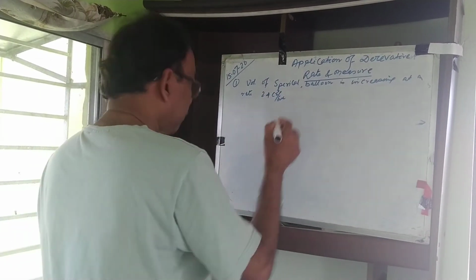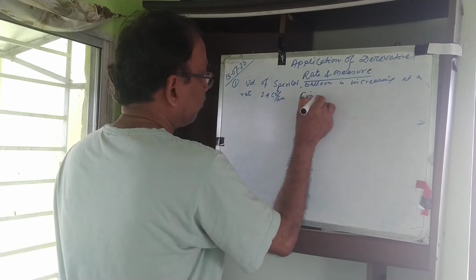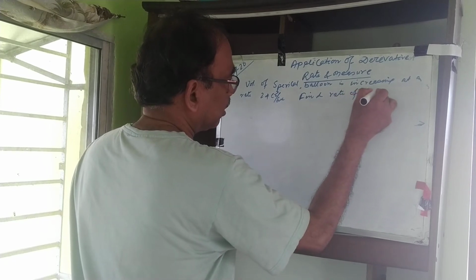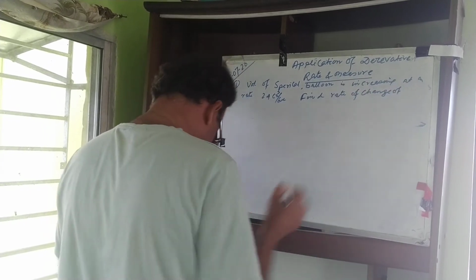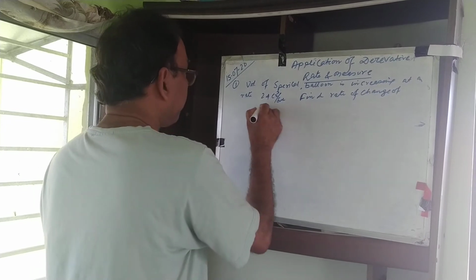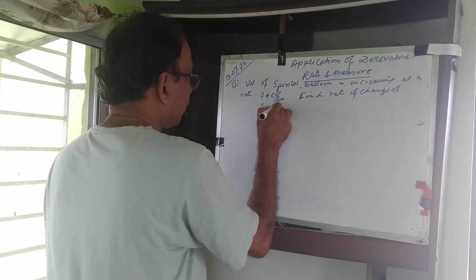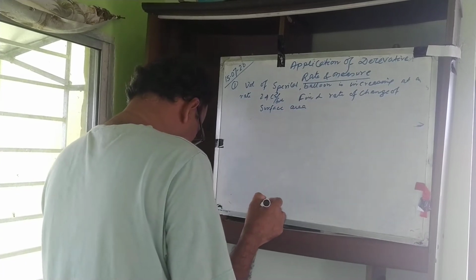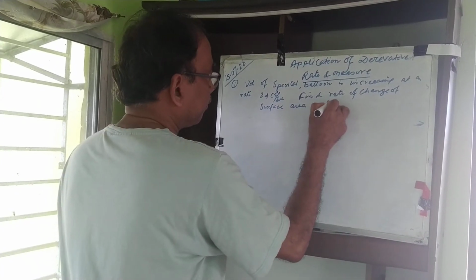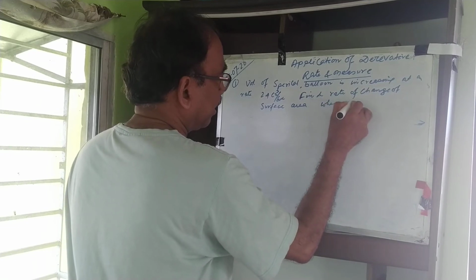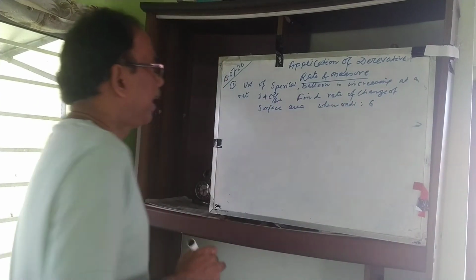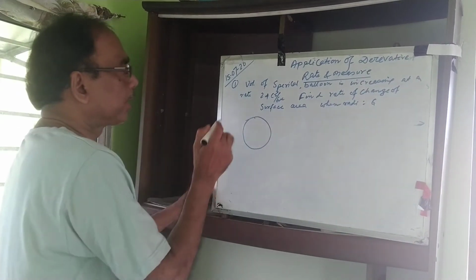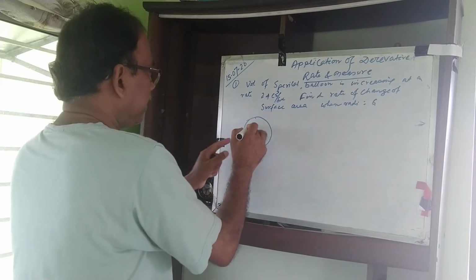Find the rate of change of surface area when the radius is 6.